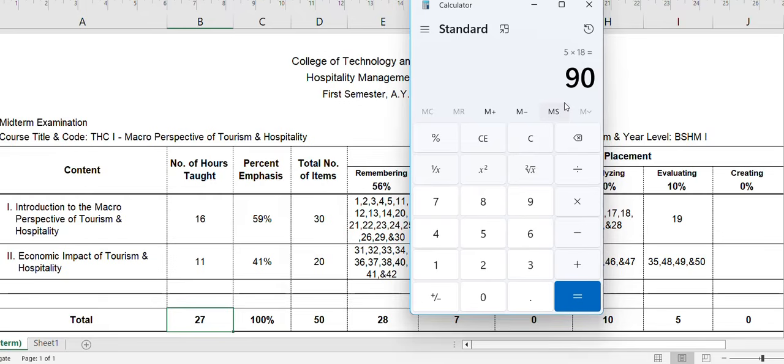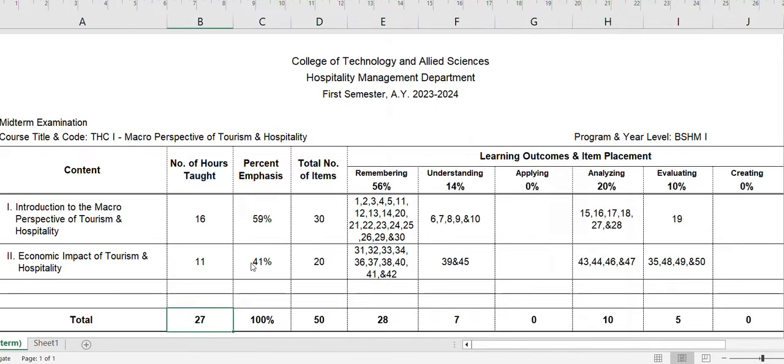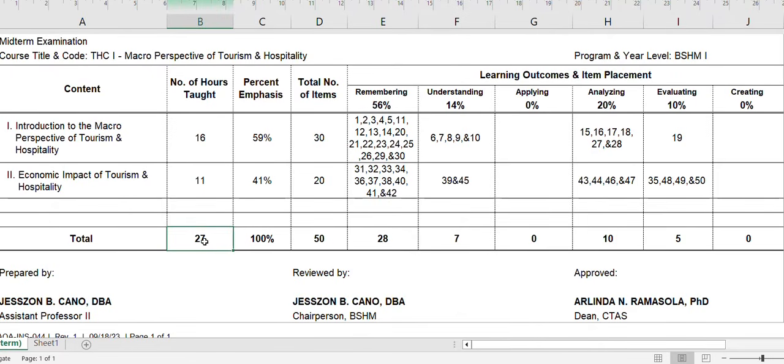So you have a total of 90 hours per semester, and then you need to divide that into two. So it is expected that you will have the first half 45 hours for the midterm and another 45 hours for final term. That is why I have here the 27 hours.